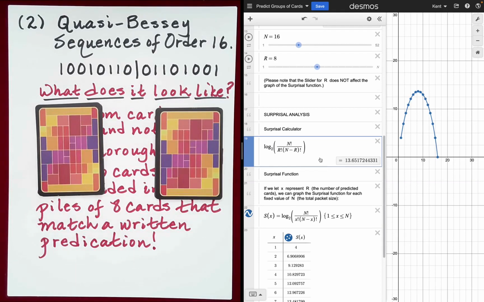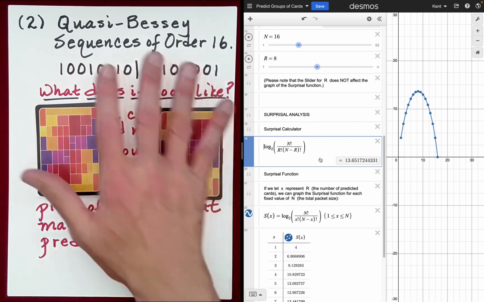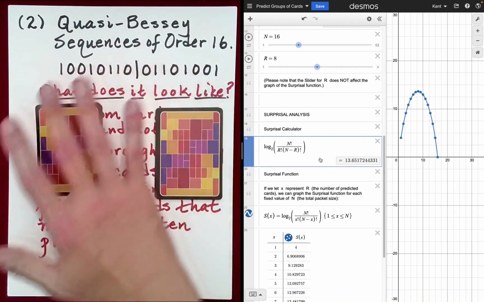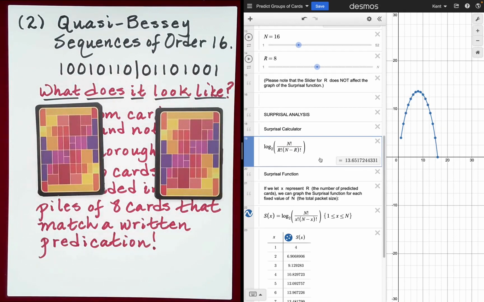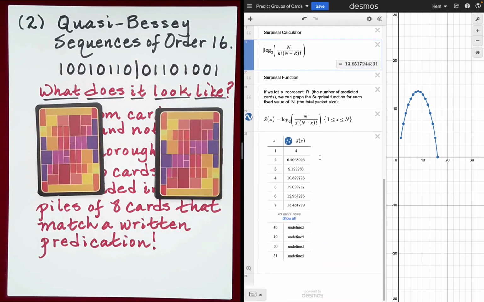They're all going to land heads up. And then the two of you watch the coins land and bounce and settle down, and eventually every one of the 14 coins is heads up. The degree of surprise associated with witnessing that random event is the same or very similar to the degree of surprise one would experience in watching a successful completion of this performance here. So that's very, very unlikely. And then, of course, down below, once again, we have a table of values. We have a graph of the Surprisal function.